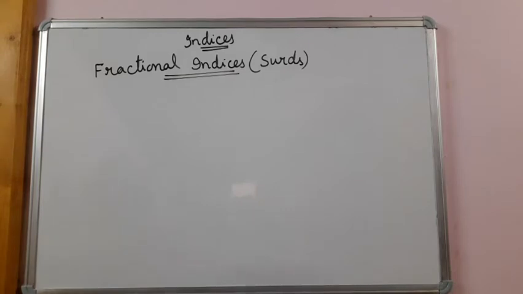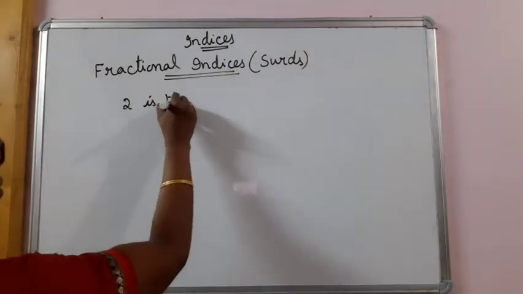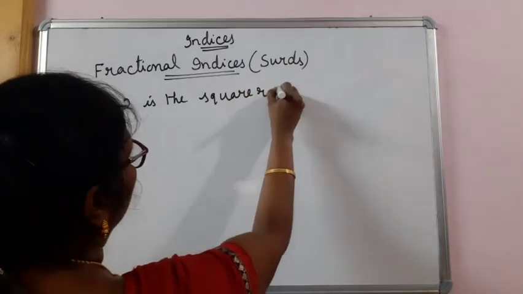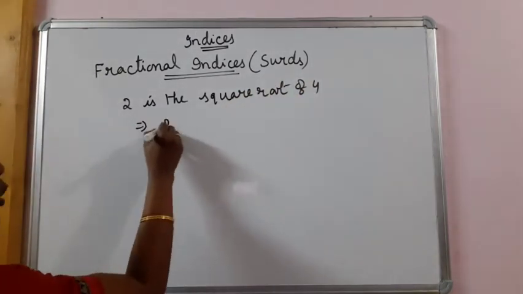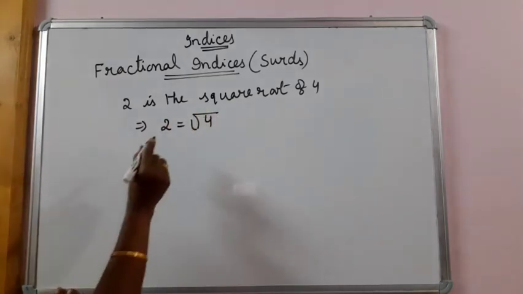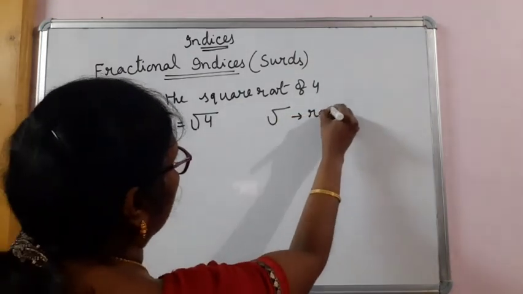Let me give you a simple example. 2 is the square root of 4. That means 2 is equal to square root of 4. This is known as the radical sign.